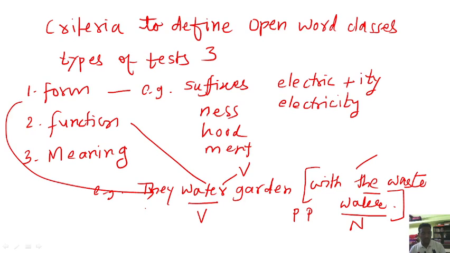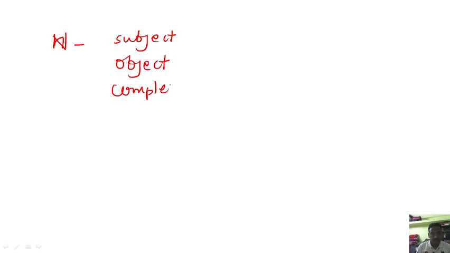So generally we see that a noun word class can function in a sentence as a subject, object, complement, etc. A verb functions generally as predicator.